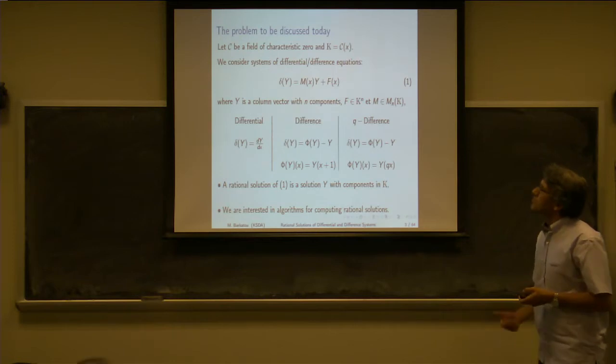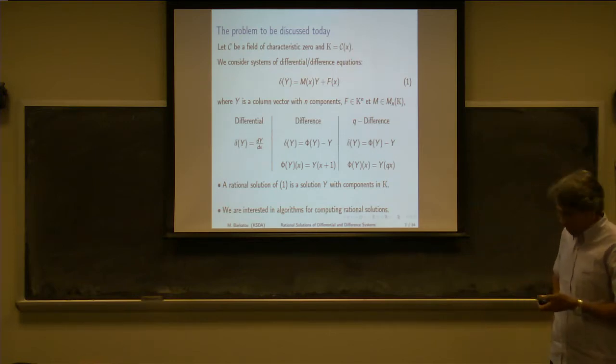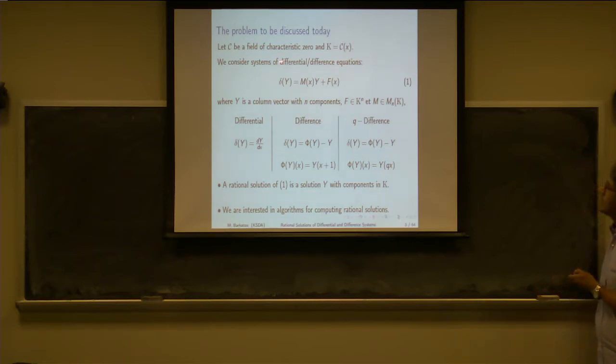what I want to talk about today is rational solutions for systems of linear functional equations that are given in this form: delta of y equals M times y plus f. Y is a vector with n components that are the unknown functions, and M is a matrix with entries in some field of functions, and f is a vector with n components.